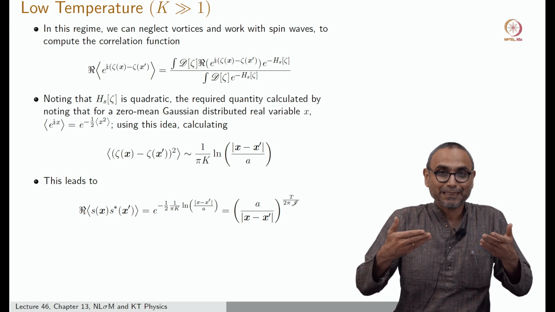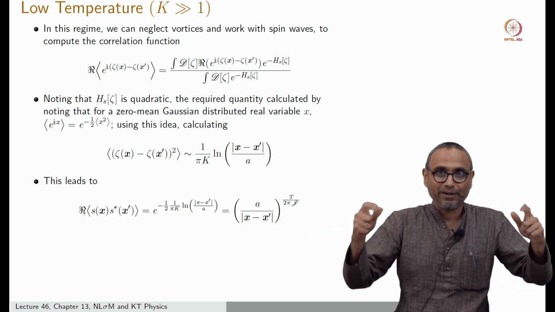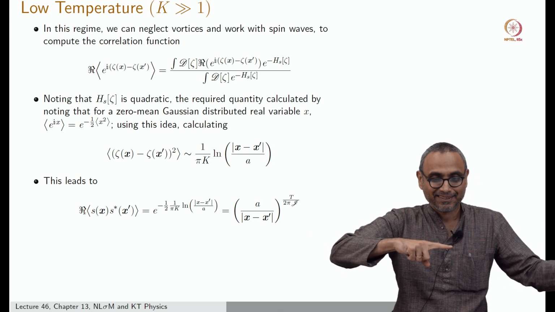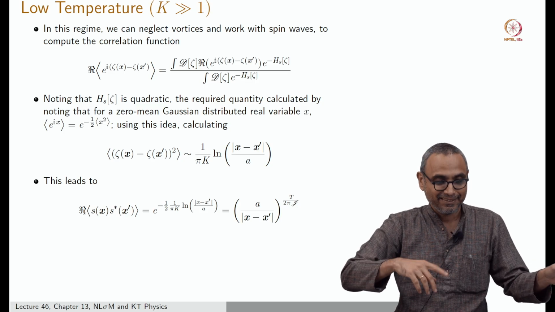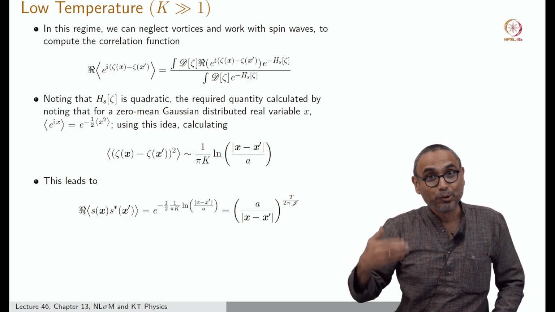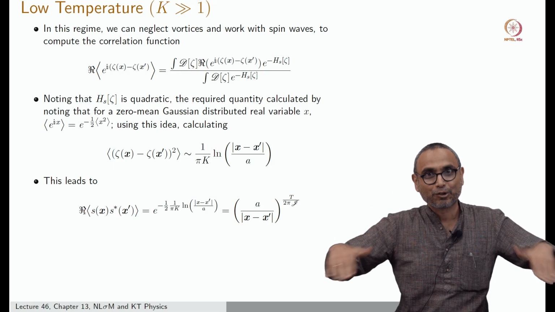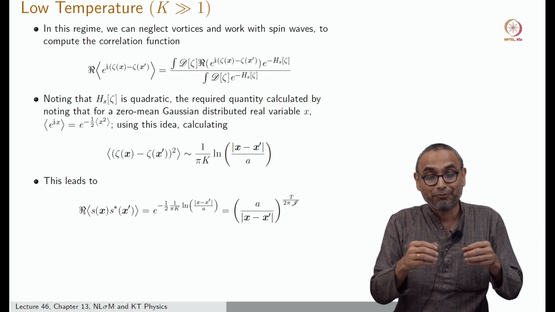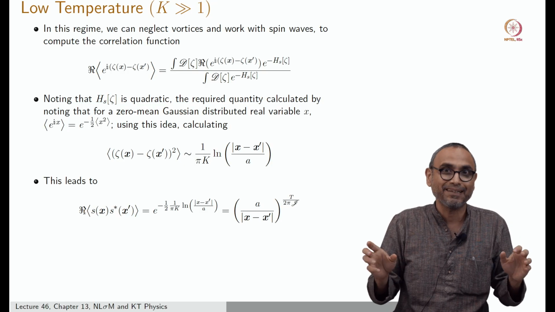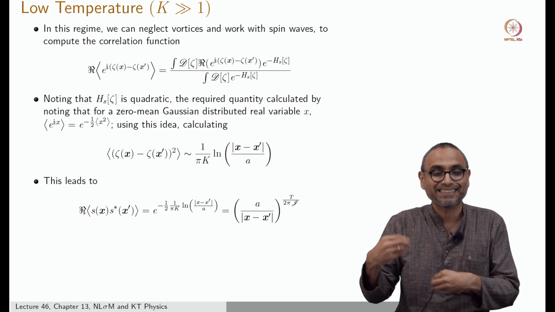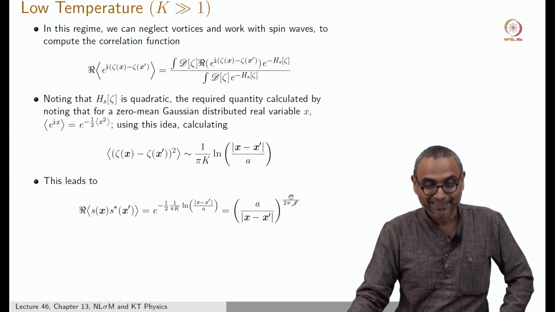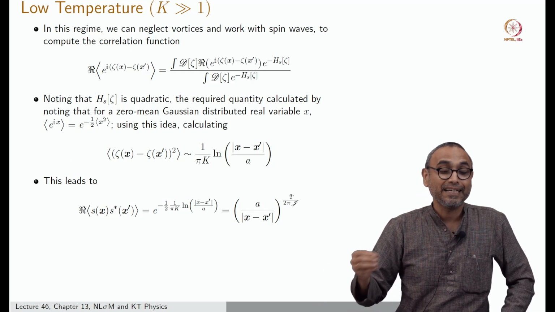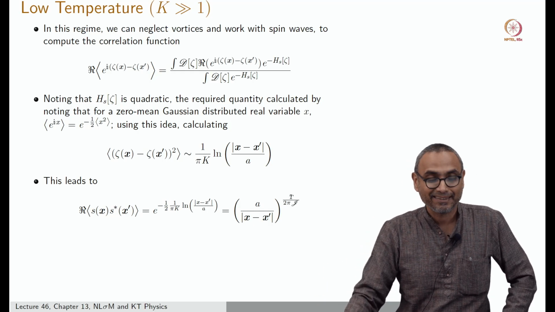So you start from this broken symmetry state where everyone is stuck in the same direction, and you start, there is going to be some power law dependence. So you have a very interesting phase which is gapless and whose correlations are changing as a power law with a temperature dependent exponent. Okay.